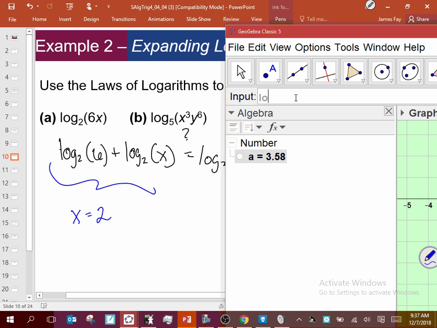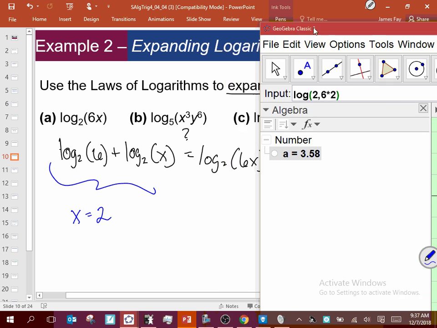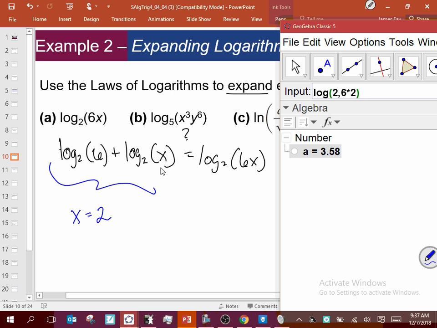Can I then say the right-hand side, log base 2 of 6 times my 2, my x that I chose. So I'm keeping that variable constant on this side and that side, right? Kind of my controlled variable, if we're doing a science experiment, right? Leaving my variables the same numbers on the left-hand side and the right-hand side is that controlled variable idea. Hit enter, I get 3.58 both times, right?